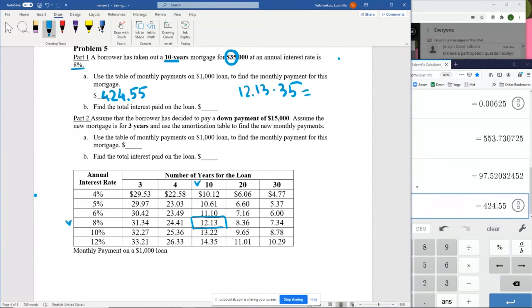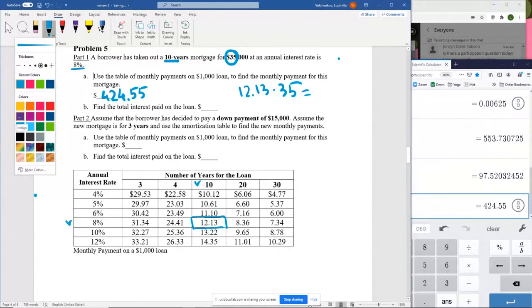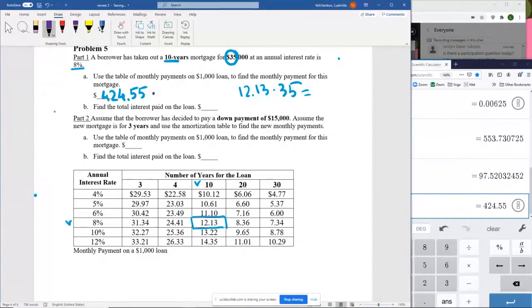So we pay 424.55 every month, so times 12, during 10 years, times 10.